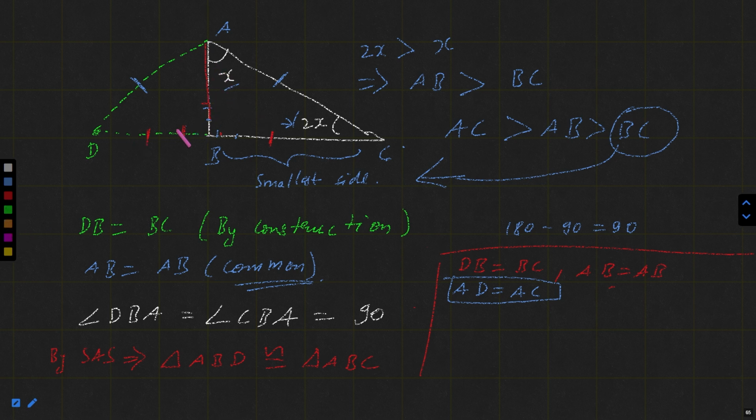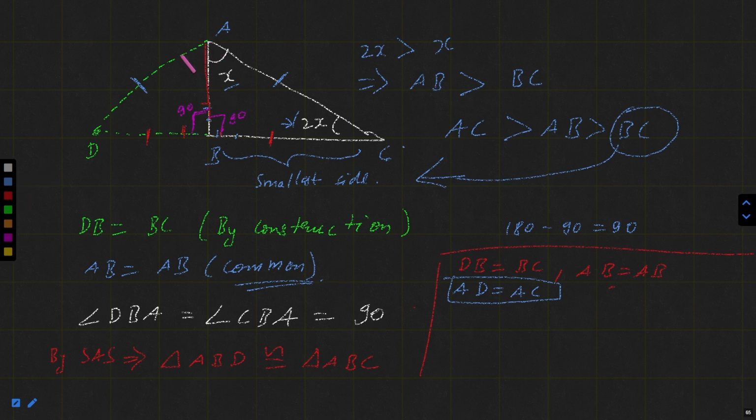Now by CPCTC we know, by construction, this is 90 degrees and this is already 90 degrees. And now if you see the corresponding sides, the angles made by corresponding sides must be equal. That means the angle made by the two sides AD and AB must be equal to the angle in the second triangle made by AC and AB.